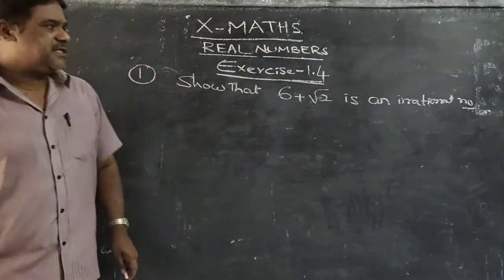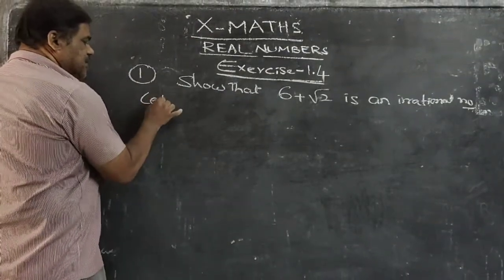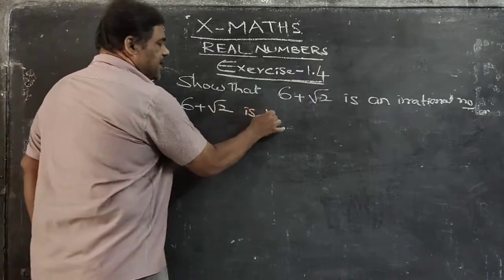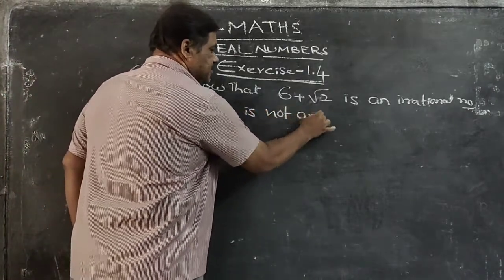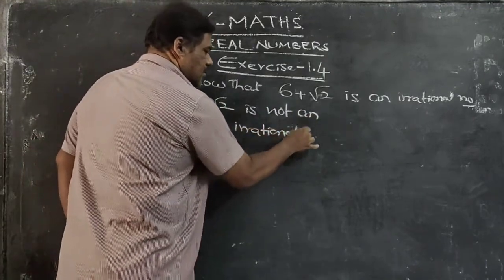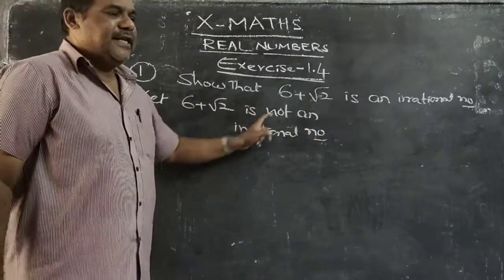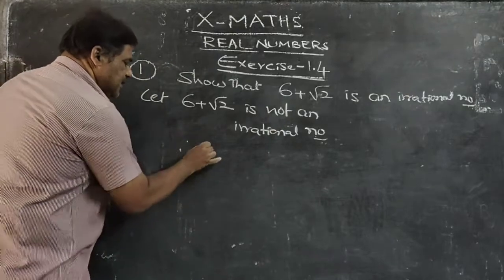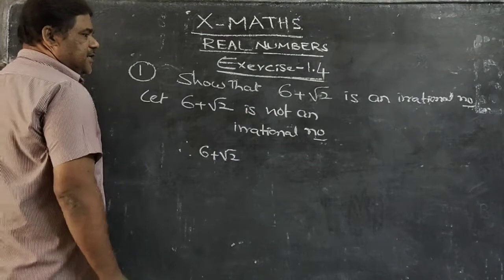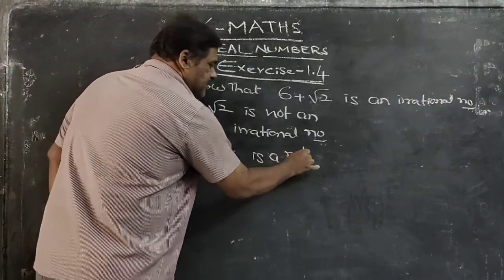So let us prove that 6 plus root 2 is an irrational number. So in indirect method, first we have to suppose that let 6 plus root 2 is not an irrational number. When a number is not an irrational number, then automatically that number will become a rational number.